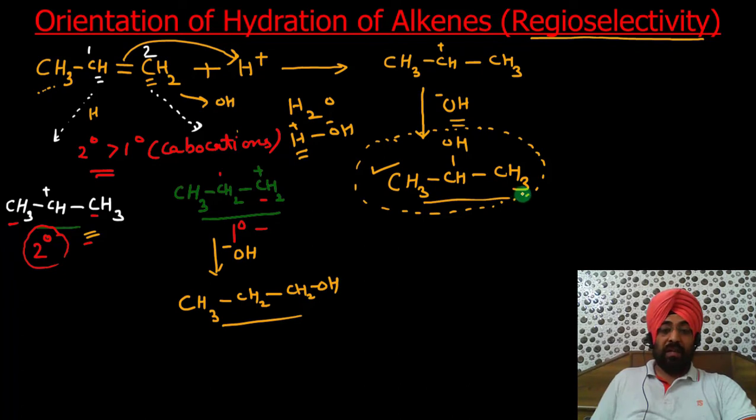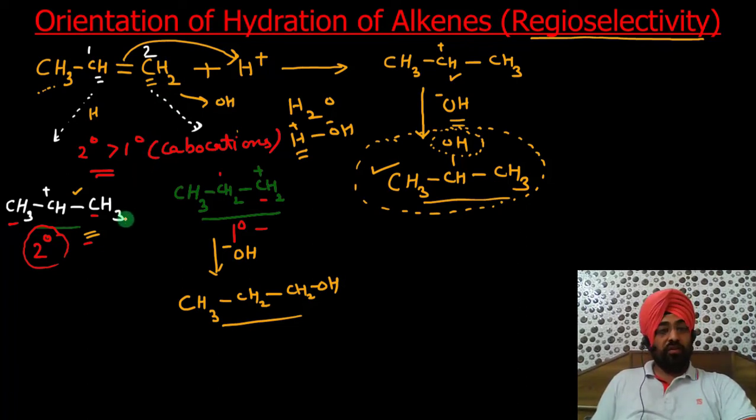As you can see in the major product, it has gone to this, and the negative part goes to that carbon which has a lesser number of hydrogens. This is the generalization given by Markovnikov's rule, and it is explained on the basis of the stability of the carbocation, because if we add the positive part to that carbon which has the higher number of hydrogen atoms, then the carbocation formed is more stable.